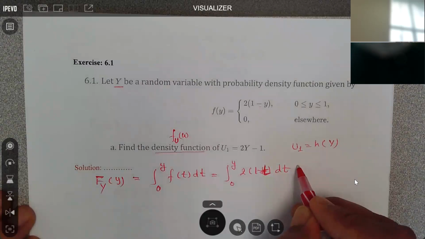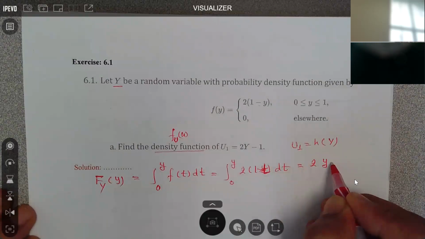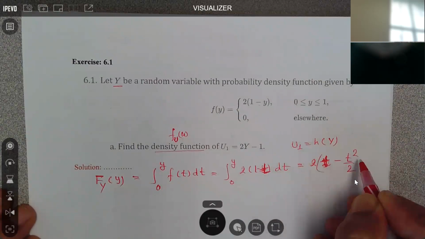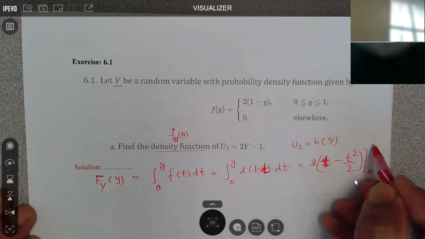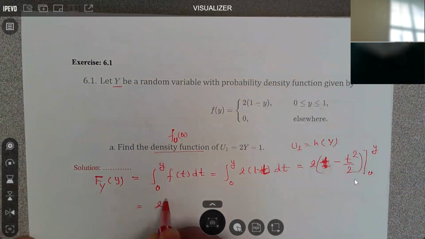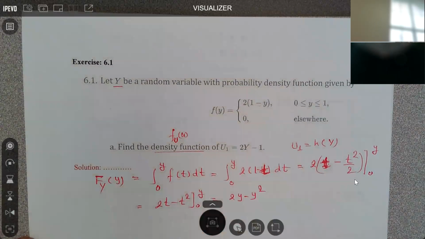So this is equal to 2 times, from 0 to y, t minus t squared over 2. Now this is equal to 2t minus t squared evaluated at y, which gives 2y minus y squared, right?